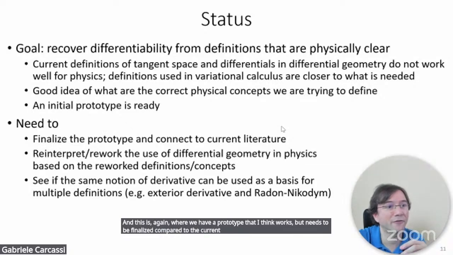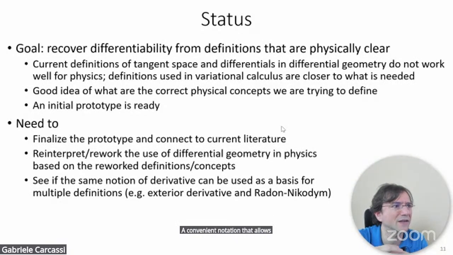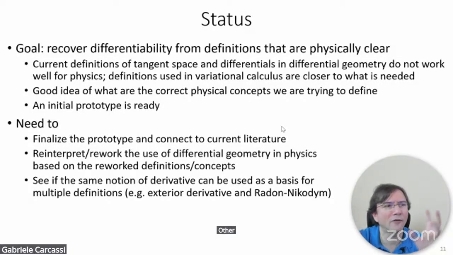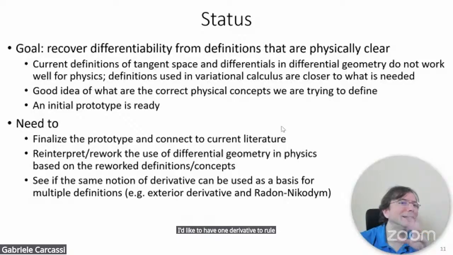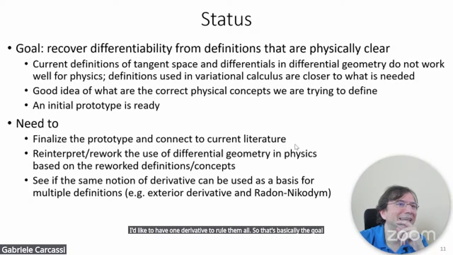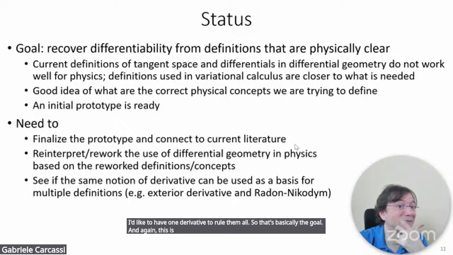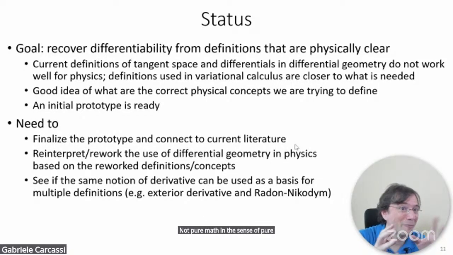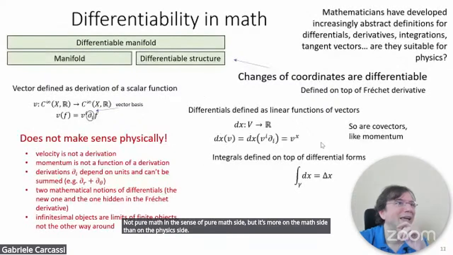I want to have a convenient notation that allows me to do certain things, and I want to be able to see whether the same notion of derivative can be used to generalize a lot of other notions of derivatives. I'd like to have one derivative to rule them all. So that's basically the goal. And again, this is more on the math side than on the physics side.